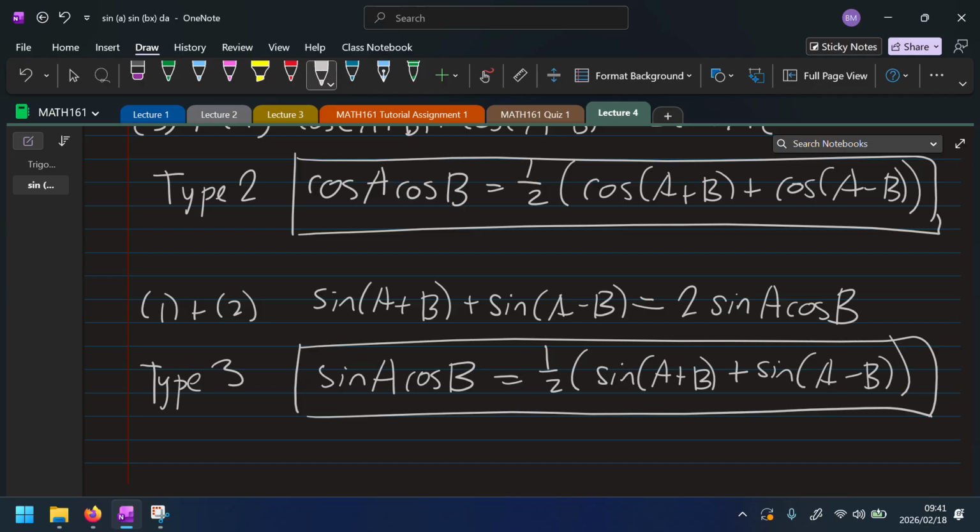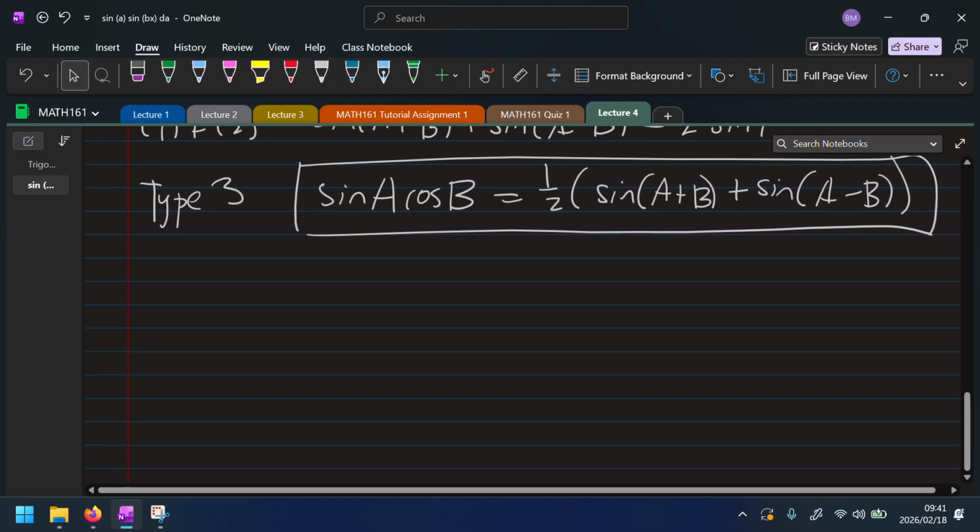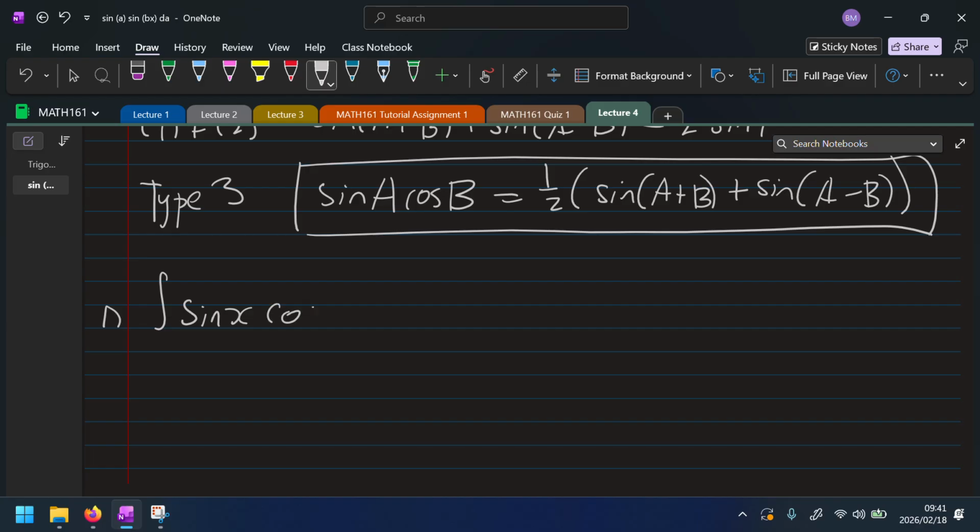Okay, so let's do one example and then we can leave it for today. So example number 1, we have the integral of sine x cos 2x dx. Okay, now there's no powers or anything, so we can't use the stuff we did at the beginning.